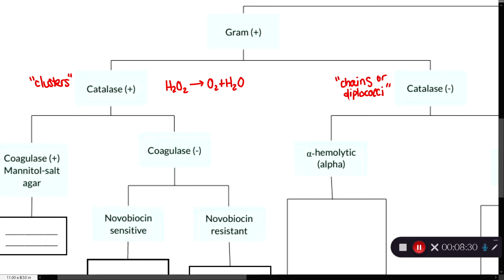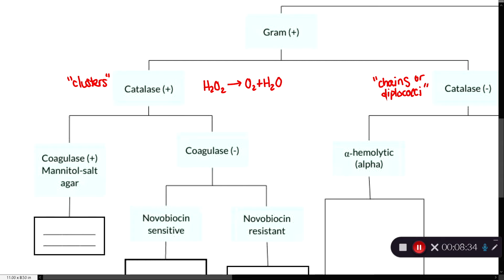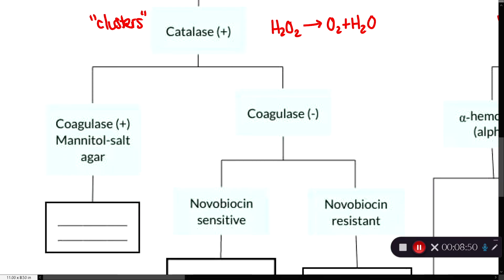Then we're probably looking at this crew. Okay. So this is really the primary test that we use to decide, are we looking at staphylococci or are we looking at streptococci? Okay. So let's assume that the question stem said that our cocci was gram-positive.